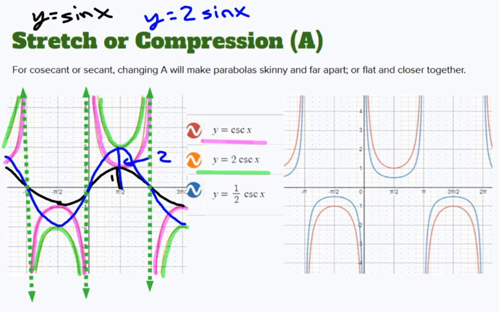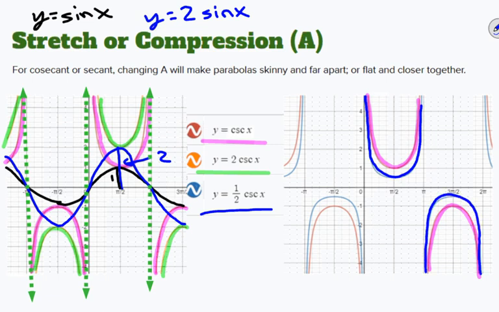Now, if I look at that same idea with a compression, where I'm actually making the amplitude less, let's just look at those two. What happens there? Well, it comes down closer to that midline. It's going less off of the midline.